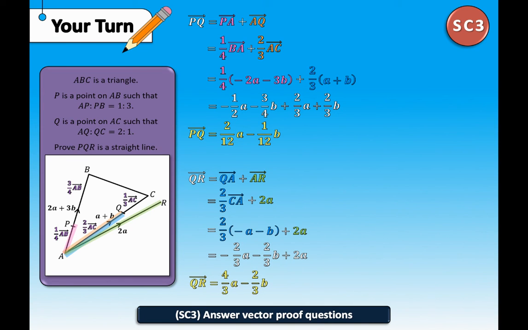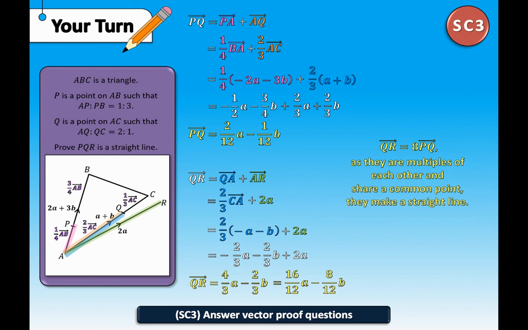So QR is 4/3 of a minus 2/3 of b. So we can see that QR is 8 lots of PQ. So as they are multiples of each other and they share a common point, which is the point Q, they must make a straight line.